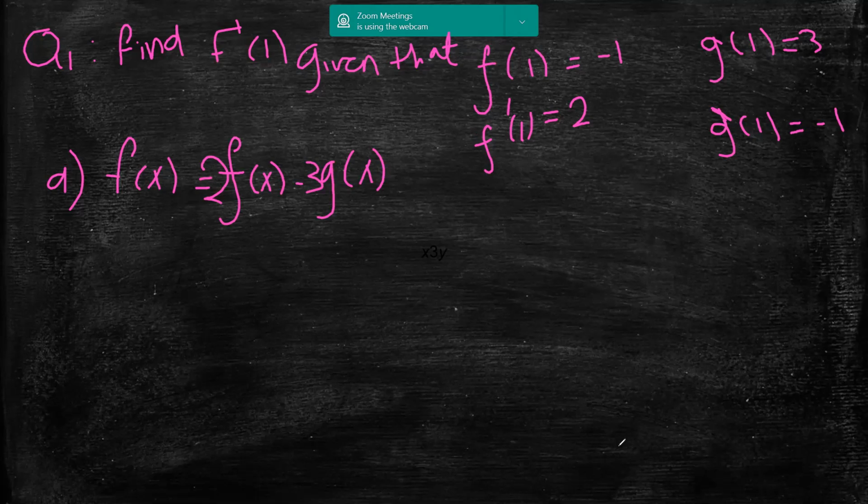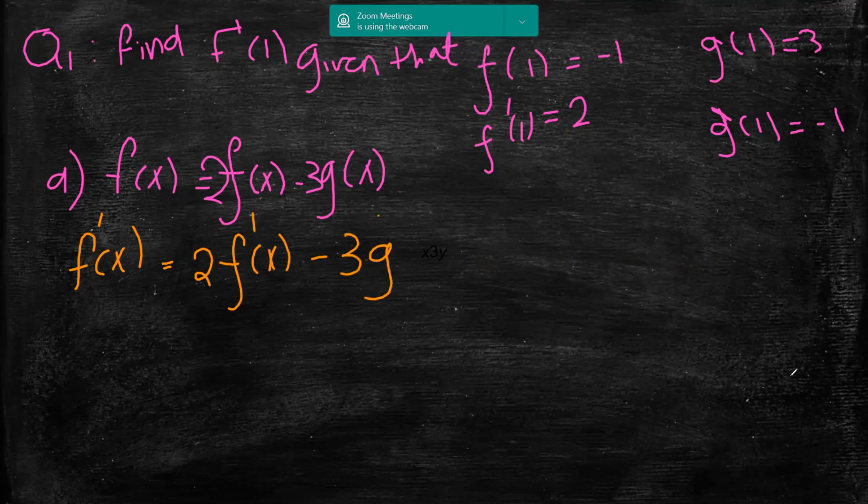Now I'm asking you to find f prime of x. Here, f of x is 2 f of x minus 3g of x. So f prime of x will be 2 f prime of x minus 3 g prime of x.